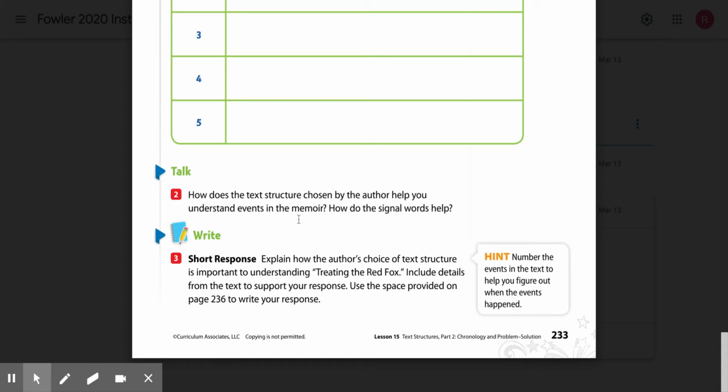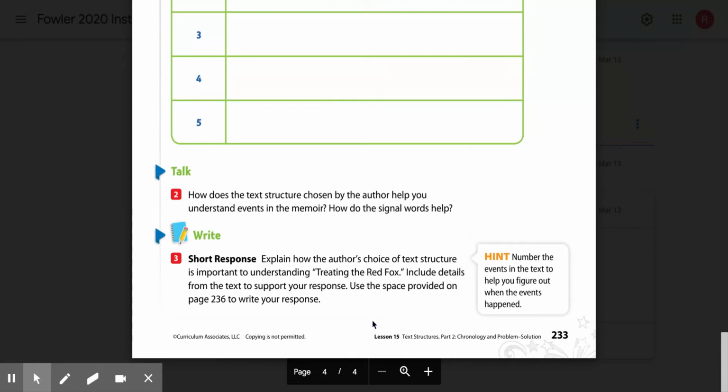Number 2, how does the text structure chosen by the author help you understand the events in the memoir? How do the signal words help? This is just you saying, it helps me because... How does the organization of chronological order help you understand what happened to the fox? Number 3, explain how the author's choice of text structure is important to understanding treating the red fox. Include details from the text to support your response.